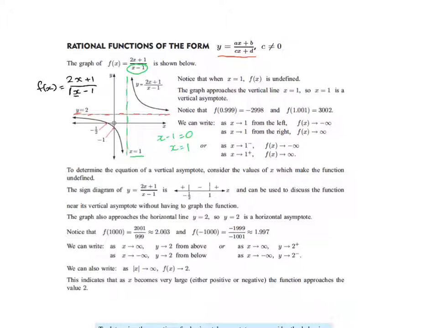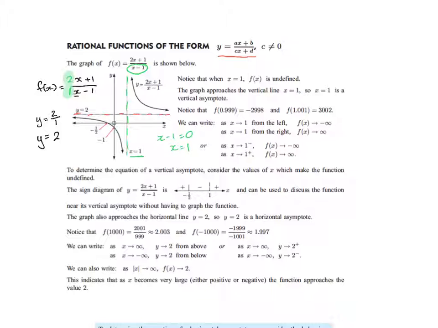So basically, girls, you can find the horizontal asymptote of a rational function by looking at the coefficients of x. Here we've got 2 and 1, or 2 over 1, which means the horizontal asymptote is y equals 2 on 1, or in other words, y equals 2. That's kind of a cheat to use for finding the horizontal asymptote.